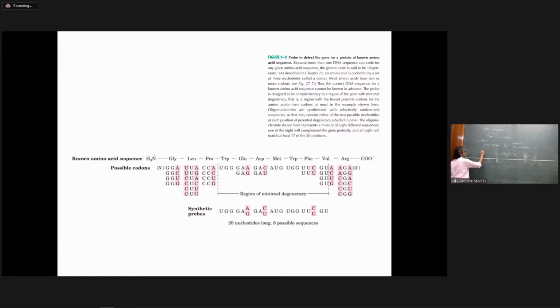This segment codes for protein sequence, this codes for protein sequence, but these intermediate segments don't code for a protein. The sequence stretches which code for proteins are called exons.